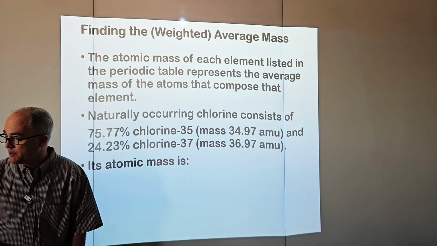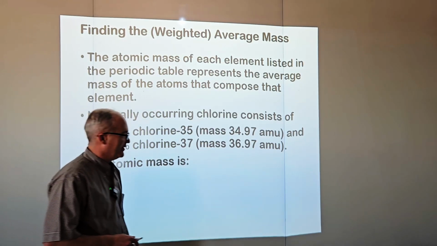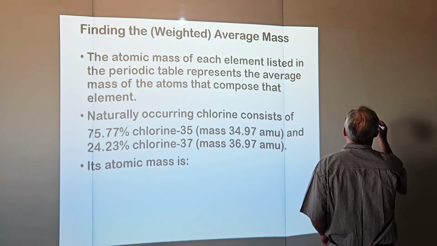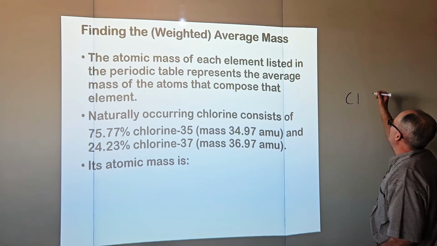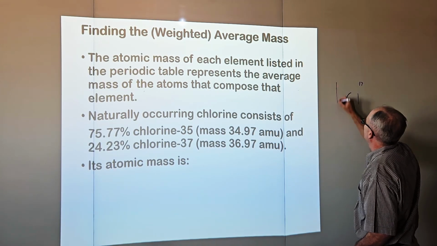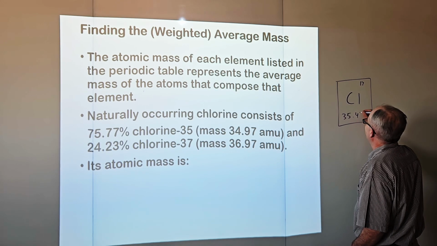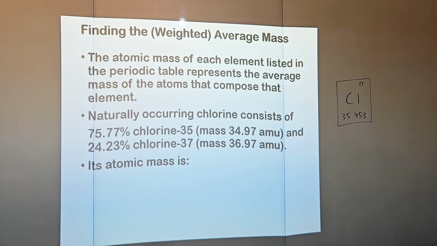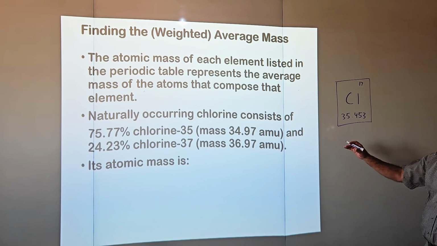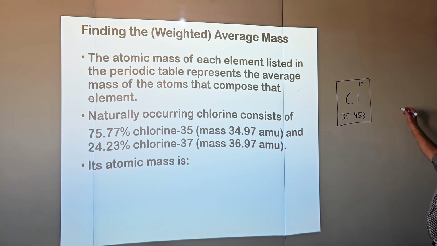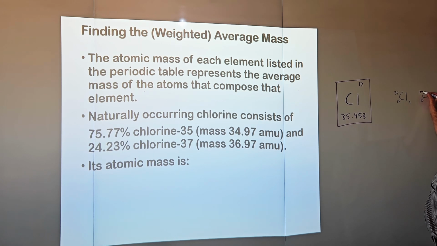So if I look at this periodic table over there, I can't read it, it's too far away. Looking over there and I see chlorine, and we have 17 up here. And down here I see 35.453. Thank you so much. So according to this, it says we have some chlorine 35 and we have some chlorine 37.